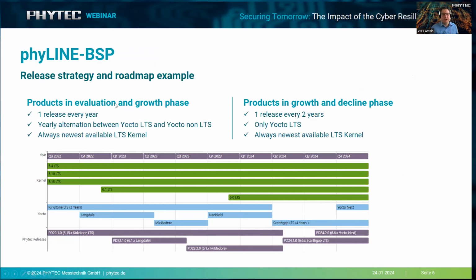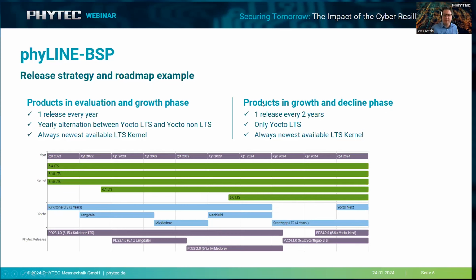So this is our typical strategy. In the beginning, when we have a new product, many customers come and they want to do new projects with us. And these new projects typically require the latest and greatest features from Linux. So what we do is we have a yearly release, at least, maybe sometimes even more often, to always have the most recent features available for you. But at some point, the new projects are not coming in anymore for these products, and then we have new products that bring the new projects.